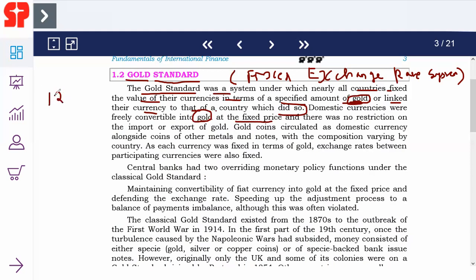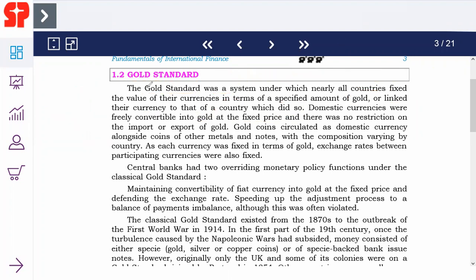So 1 rupee will be equal to, for example, at that time, 5 grams of gold, like that, and the gold price will be used for converting the currencies. So if 1 USD is equal to 35 ounce of gold, you can compare the gold and determine the exchange rate between the currencies. That was the gold standard.